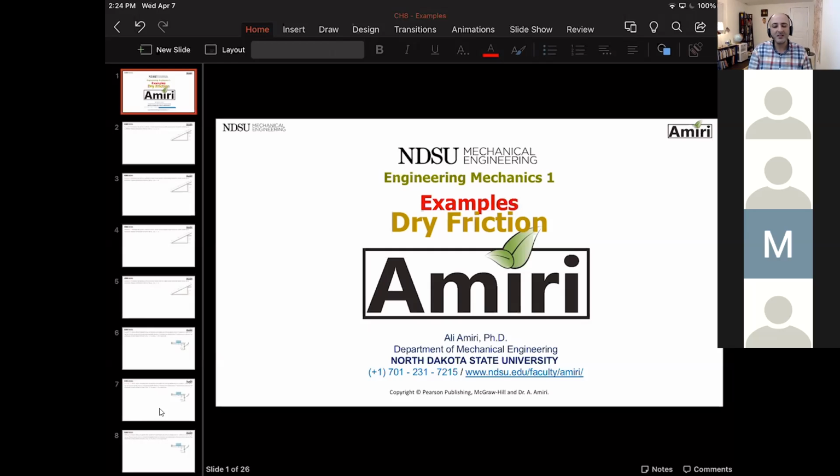And that's why I put it as a self-read and self-learning. You're just going to read it on your own as part of activity 7. It is a little bit more general. It's cutting through pretty much any member, and you're going to reveal the internal loading that could be an axial load, a normal load, a shear load, and a moment.